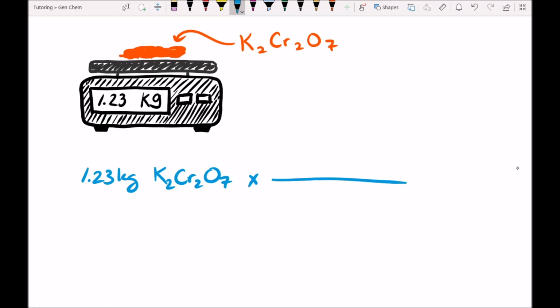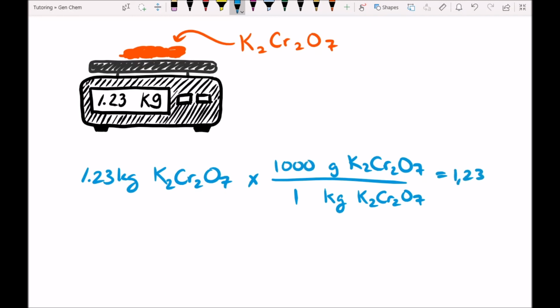So we'll multiply kilograms of potassium dichromate by a fraction that gets rid of kilograms and gets us grams. And 1 kilogram is equal to 1,000 grams. So we get 1,230 grams of potassium dichromate.